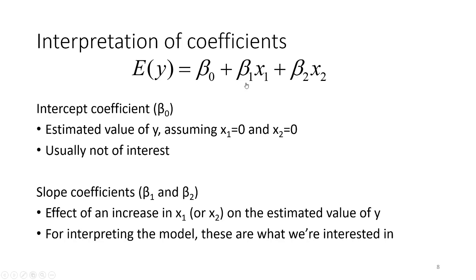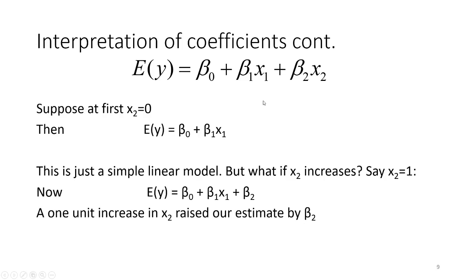Each of these tell us how the predicted value for y will change as x1 or x2 increase by 1 unit. Usually when we're interpreting a multiple regression model, it's these slope coefficients that we're interested in.